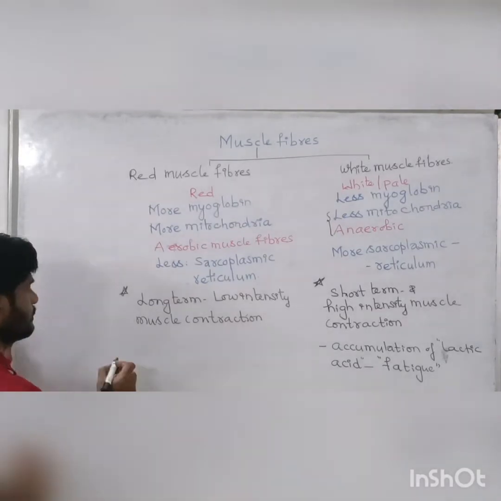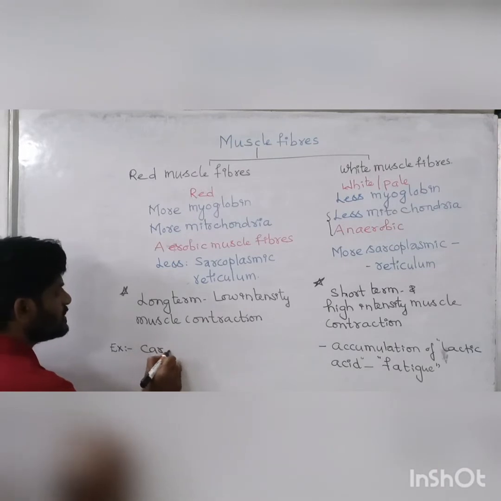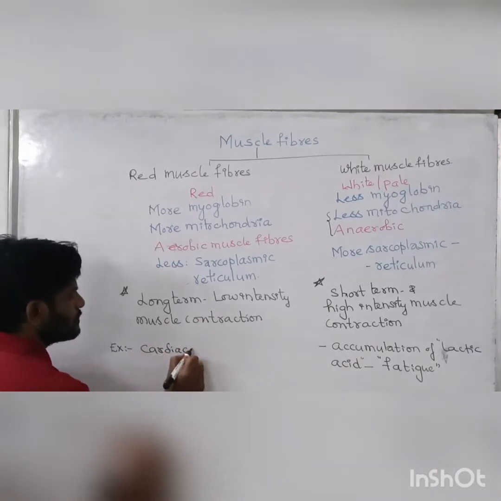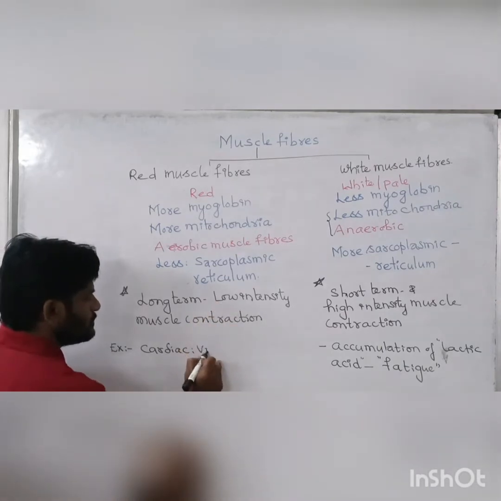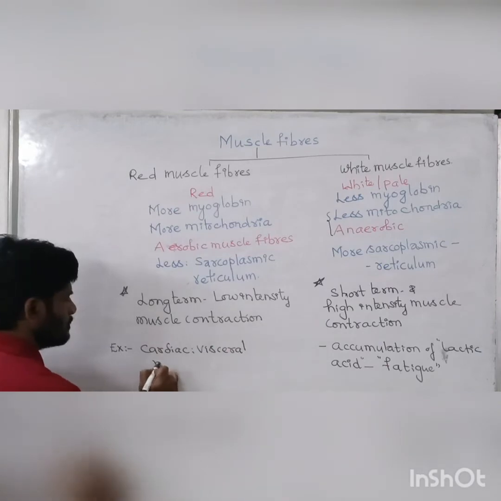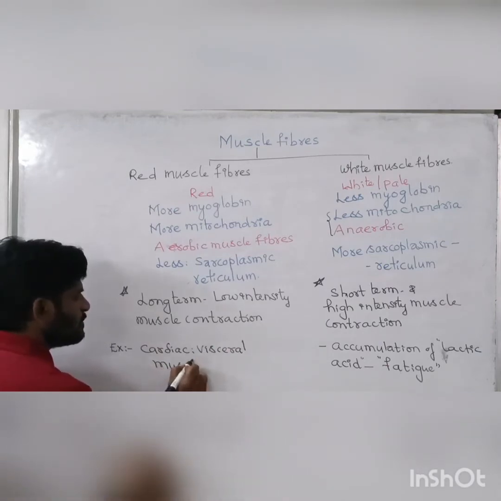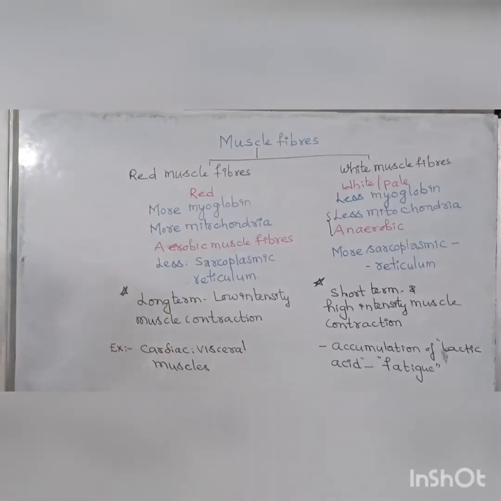For example, cardiac muscles and the visceral muscles. Cardiac and visceral muscles come under the red muscle fibers.